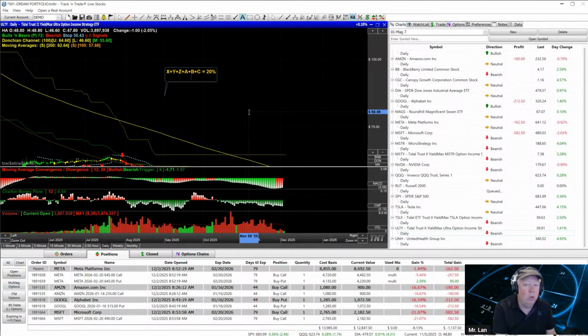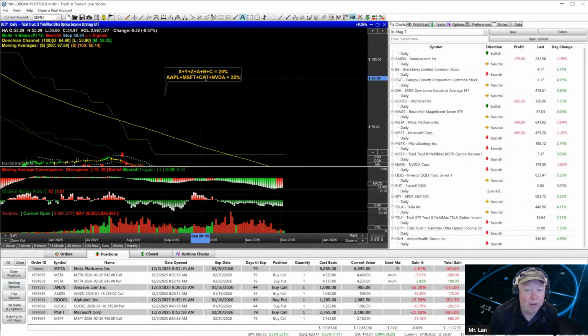Well, maybe X equals AAPL plus MSFT plus CAT plus, maybe we want to go into NVDA, right? So you get the return of these different stocks equals 20%. So you have to use computer systems, of course, and do what we call brute force mathematics to figure out what you're going to need.